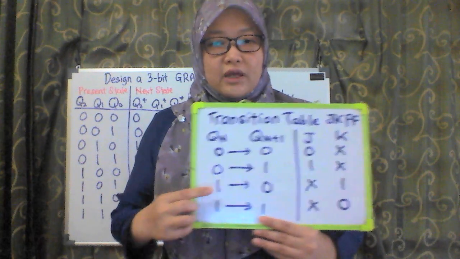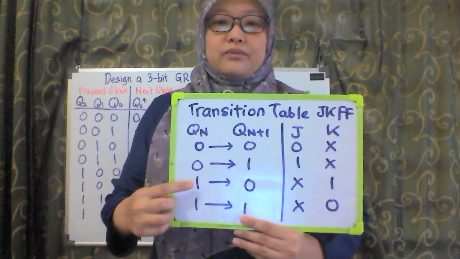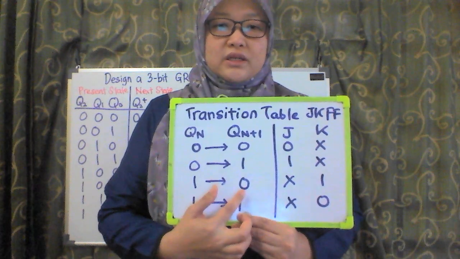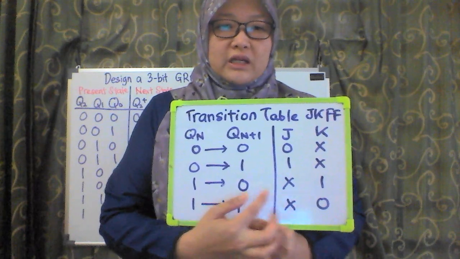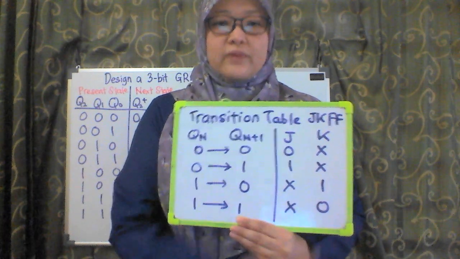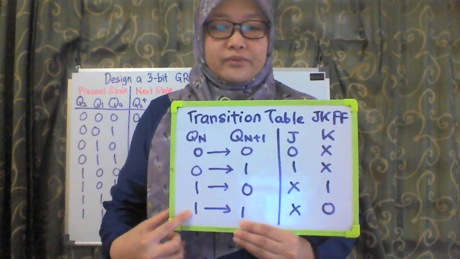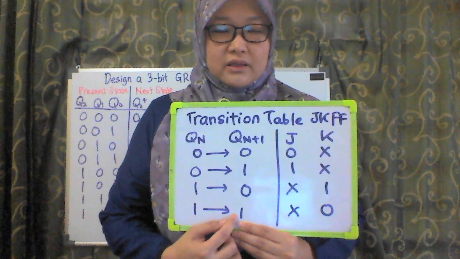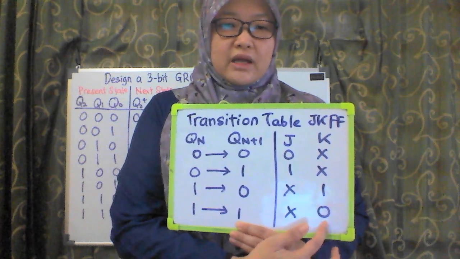If your present state bit is 1 and it transforms into a 0 at the next state, your input of J and K should be X and 1, don't care and 1. If your present state is 1 and it will maintain at 1 at the next state, the input of J and K should be don't care and 0.